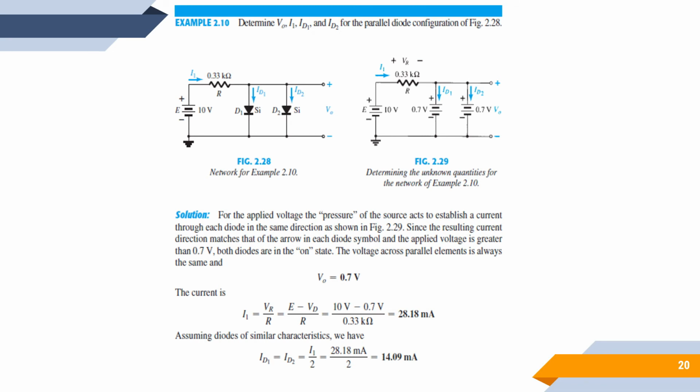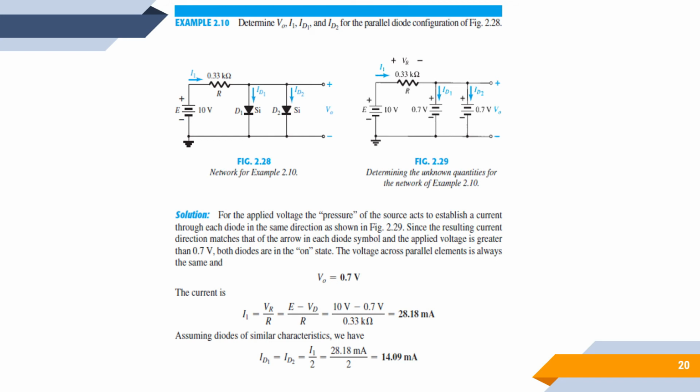So now, kukunin naman natin yung ID1. Ang ID1 at ID2 ay equal lamang since parallel naman sila. So, ID1 is equals to ID2 is equals to I1 over 2, is equals to 28.18 milliampere over 2 is equals to 14.09 milliampere.